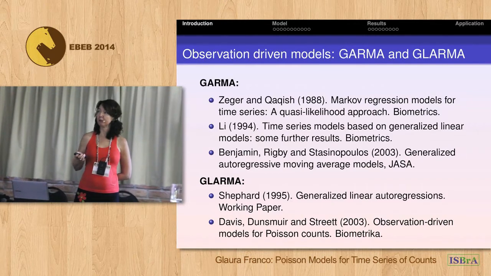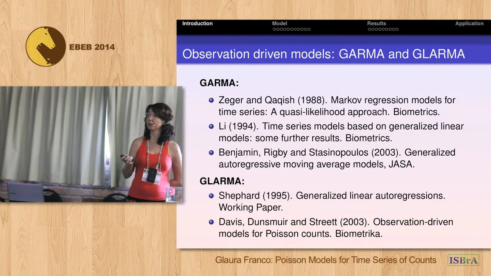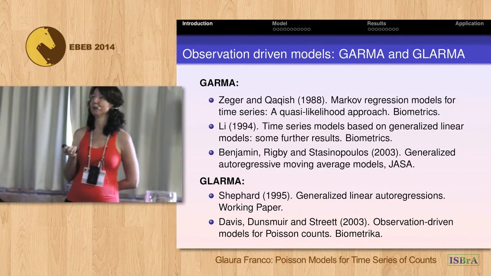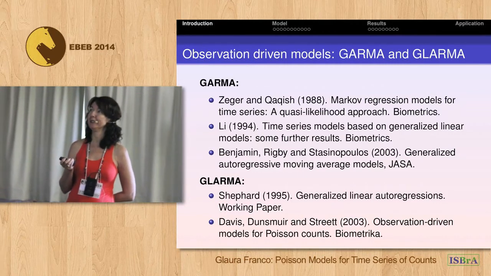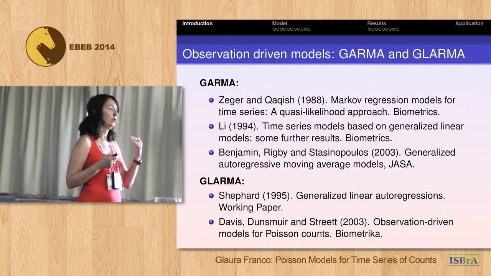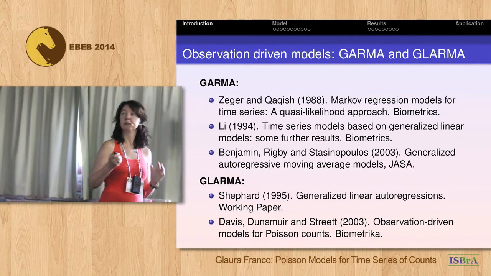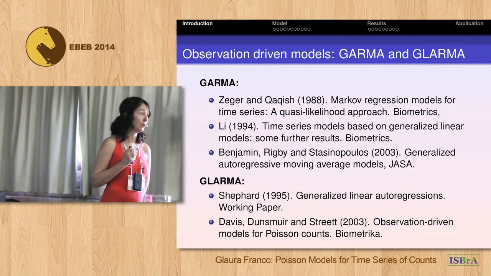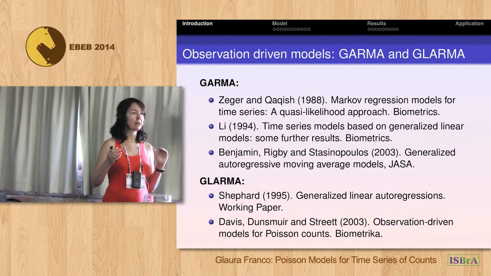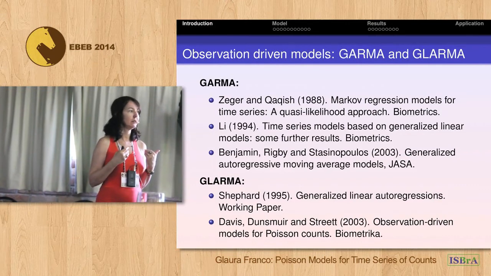This paper from Benjamin is, in fact, a generalization of two other works. The first one is from Ziegler and Kakish, I don't know if this is the name, in 1988. It is just a generalization of the generalized linear model. They put an extra component in the generalized linear model, and in this structure you can model the correlation present in the time series.